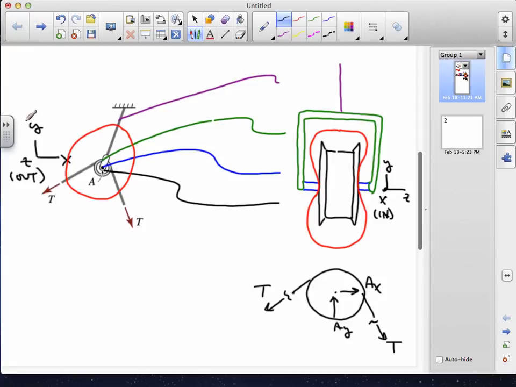and the resulting free body diagram would look like this.